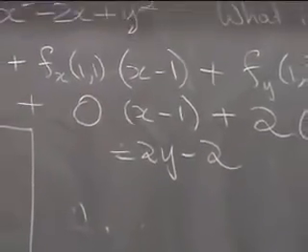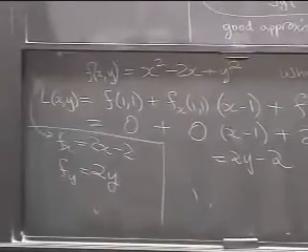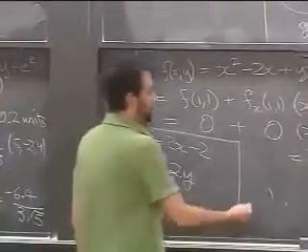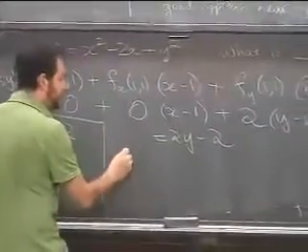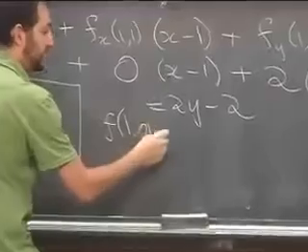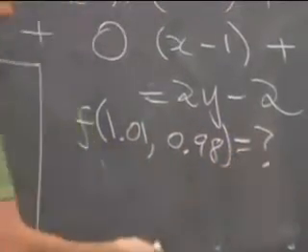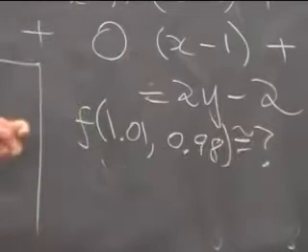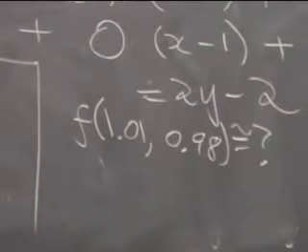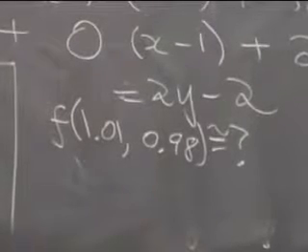But the question is, what do you use the damn thing for? Well, the question is, what's an approximate value of, say, f of 1.01, 0.98? Of course, you could plug in the number and compute it exactly if you had a calculator, or even by hand you could do it.